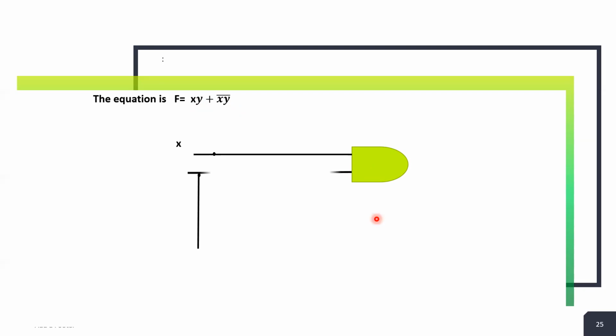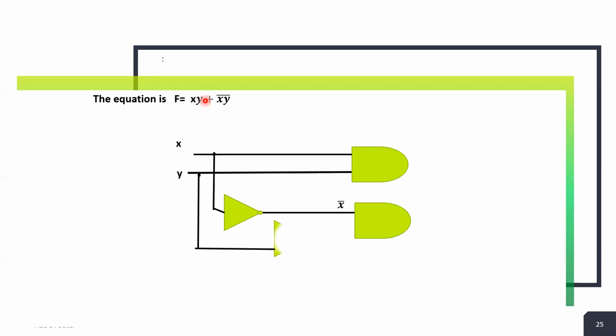First, we will take X simple and Y. Clear? XY. And take another gate with X complement and Y complement. Clear? We have connected this X with this one.